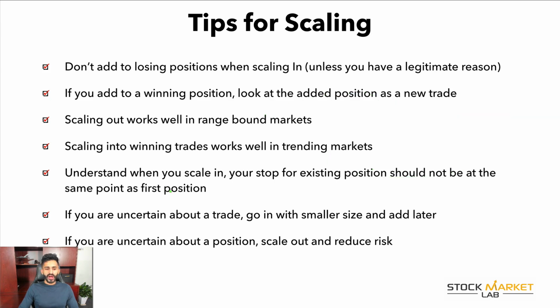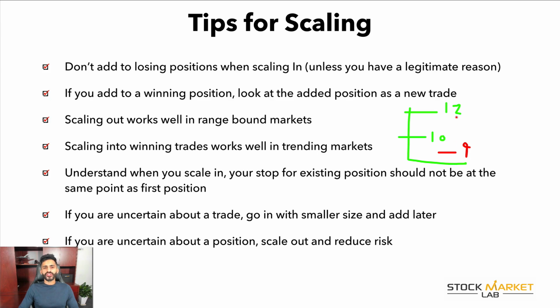Next, understand that when you scale in, your stop for the new position should not be at the same point as the first position. So for example, you buy a stock at 10, you put your stop loss at 9. You take another trade, stock goes to 12, you buy 100 shares at 12, you should not put your stop loss at 9.